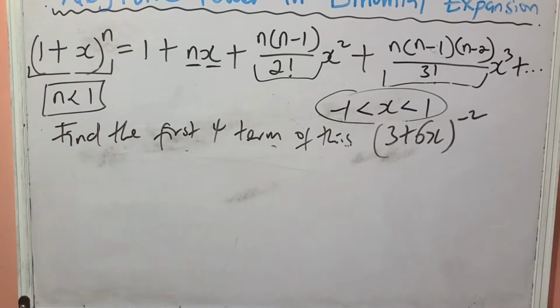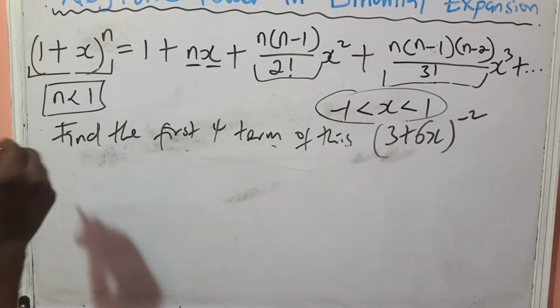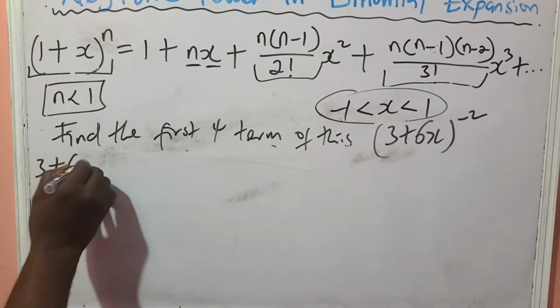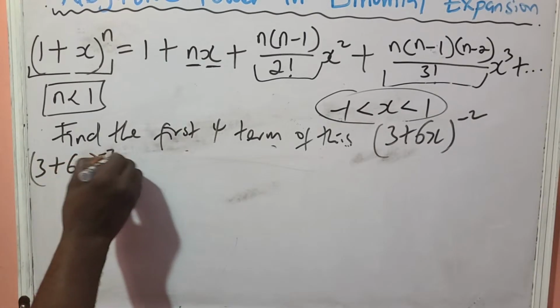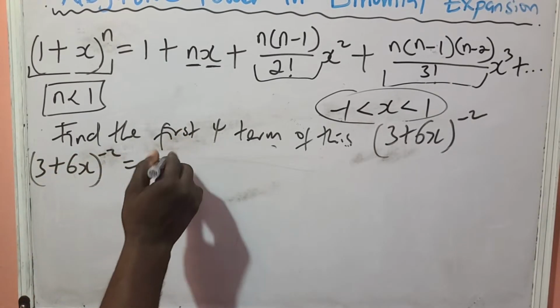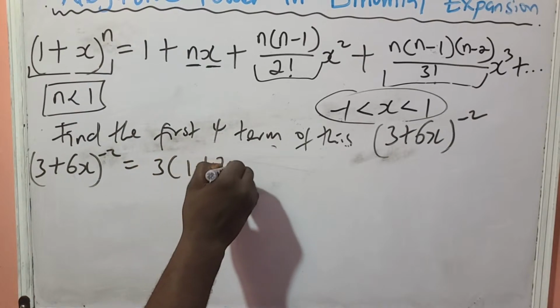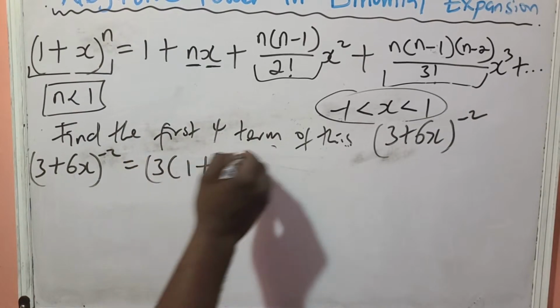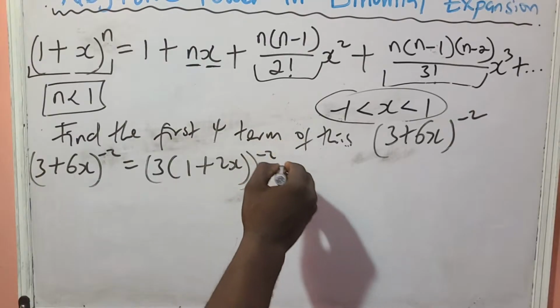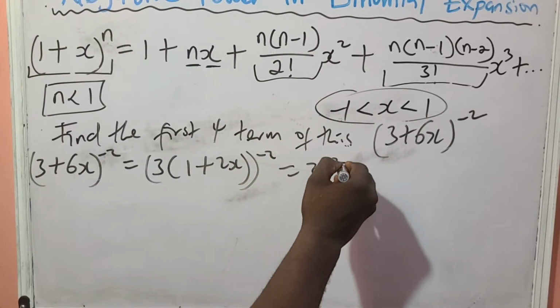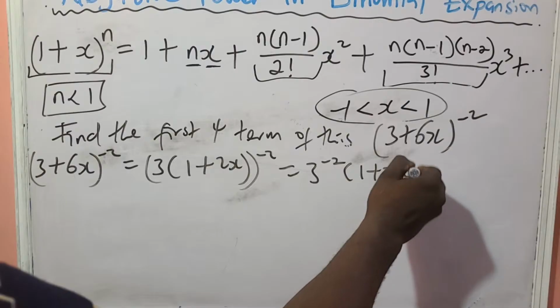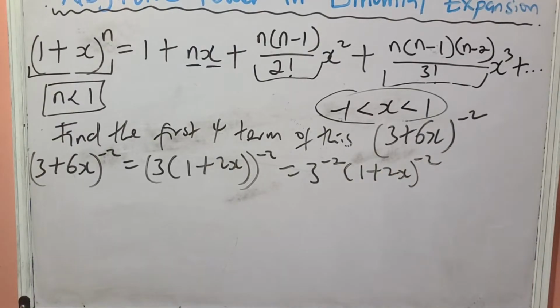All right. So we have 3 plus 6x. Let's do this. 3 plus 6x raised to the power minus 2 will be equal to 3, 1 plus 2x, then everything raised to the power of minus 2. Then we have 3 raised to the power minus 2, 1 plus 2x raised to the power minus 2.